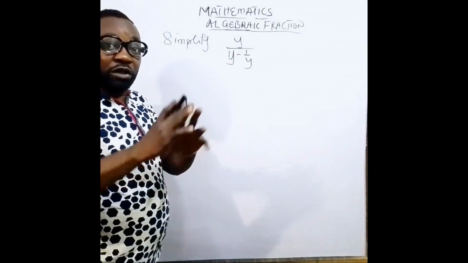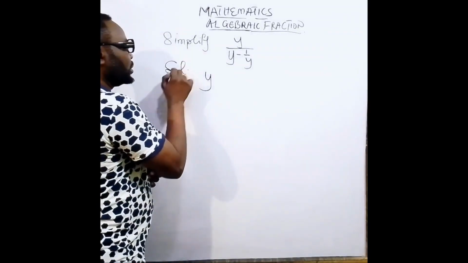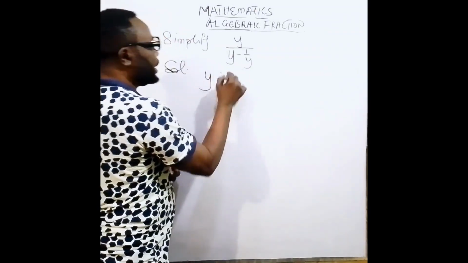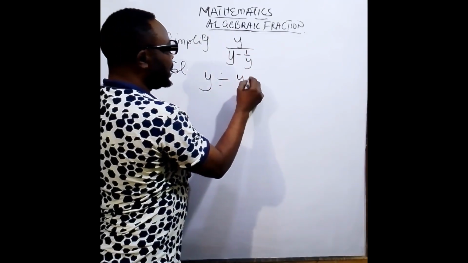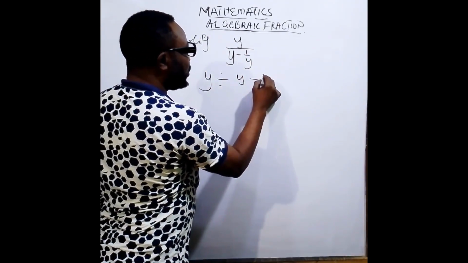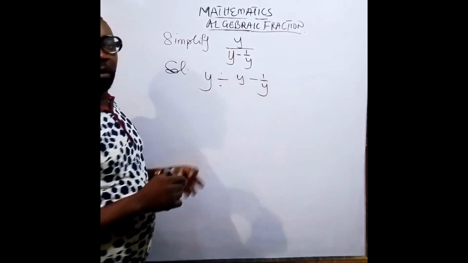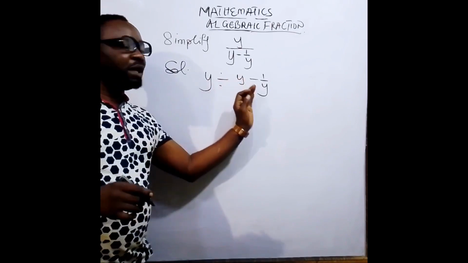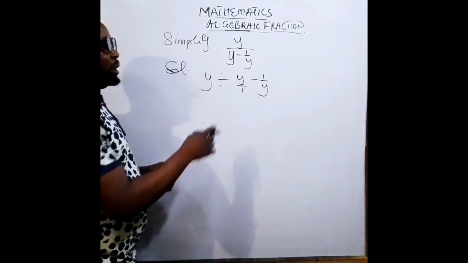For simplification, you just say solution: y divided by, that's the meaning of that over, y minus 1 over y. This makes this set of terms to be in different parts now. This y is the same thing as y over 1. So we are having a fraction here.